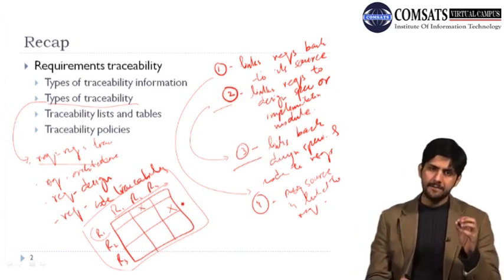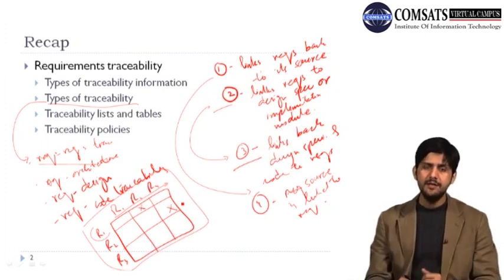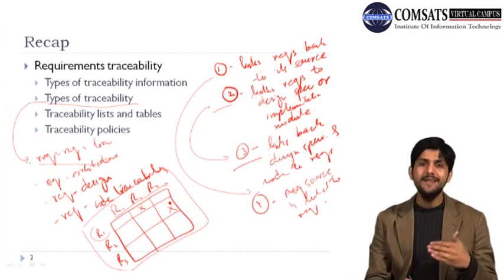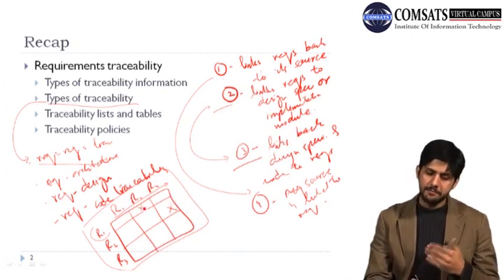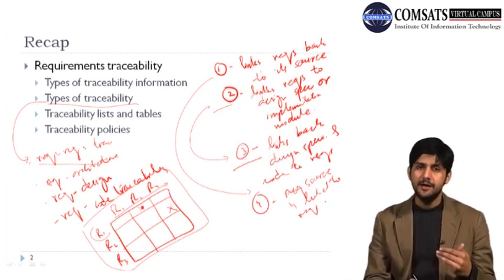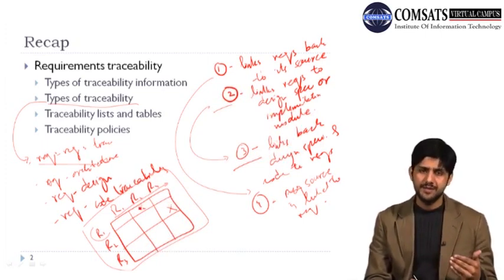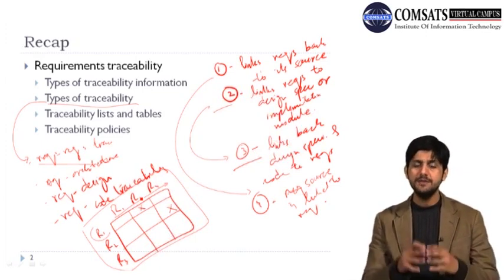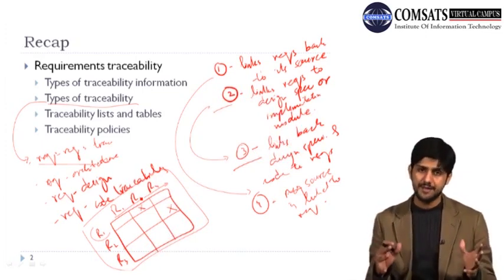And the information in these tables is sparse, so they are not very densely populated. These dependencies would be there, but it will not happen that lots of requirements depend on lots of other requirements. So maintaining information in this table is an inefficient way of storing information when your system becomes large and too complex.